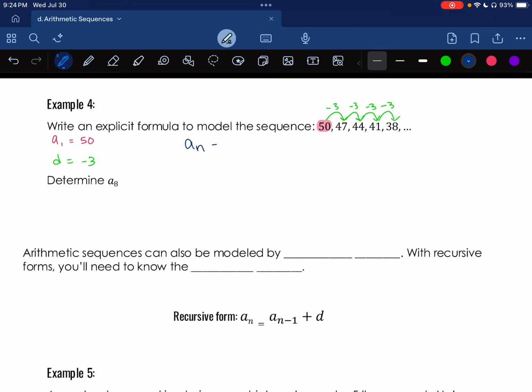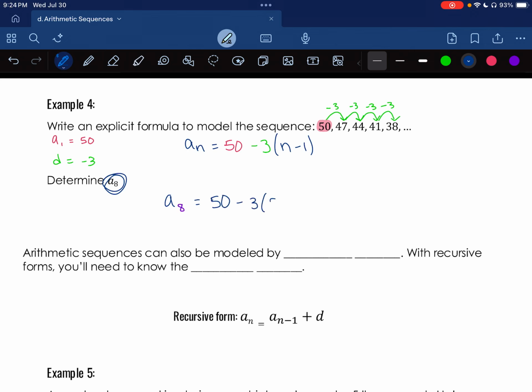And now I'm asking you to find this value, A sub 8. So A sub 8 means I'm going to plug in 8 into my formula for n. So I'm putting the 8th spot in the formula. And normally what would happen is, 8, that's not so bad.